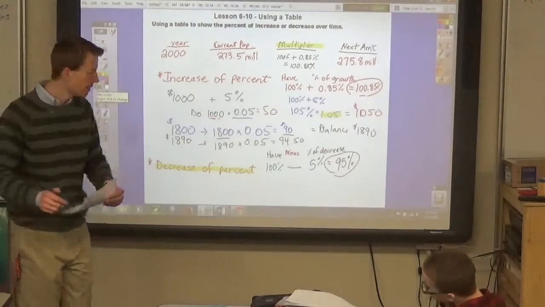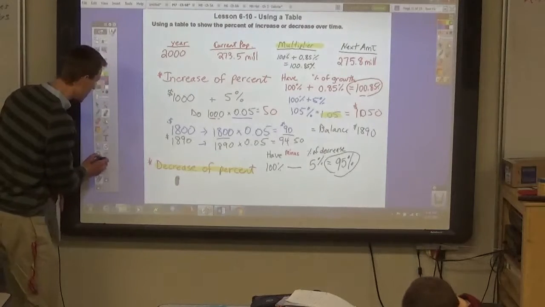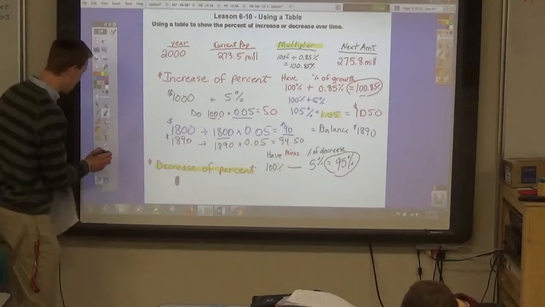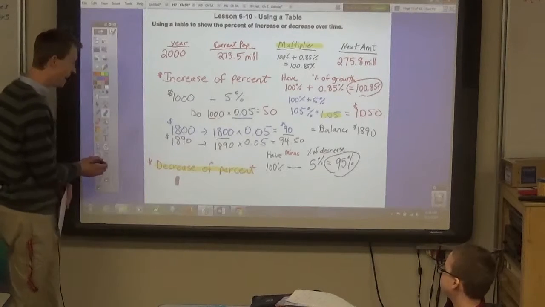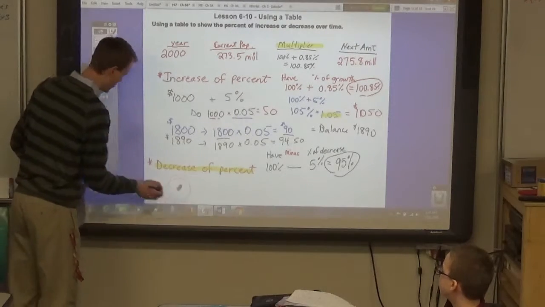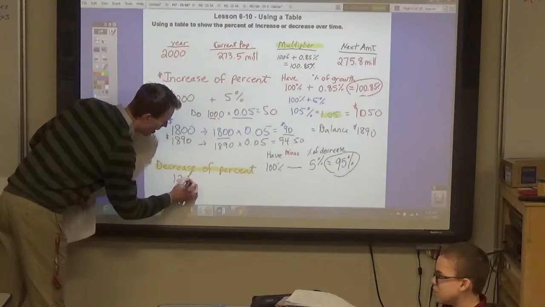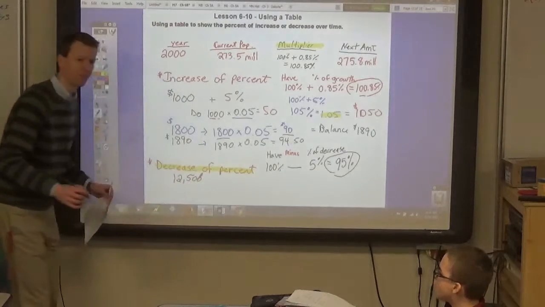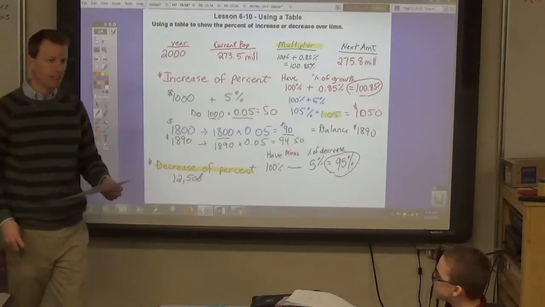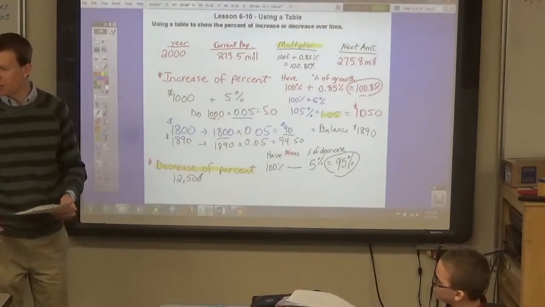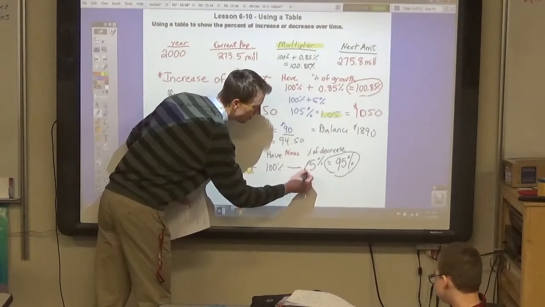Let's say that you start with a car that is worth $12,500. Yeah, that's the actual problem. Then it says it decreases in value or depreciates by 15%.